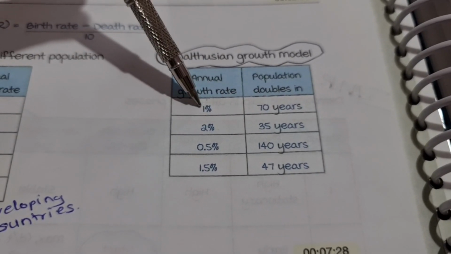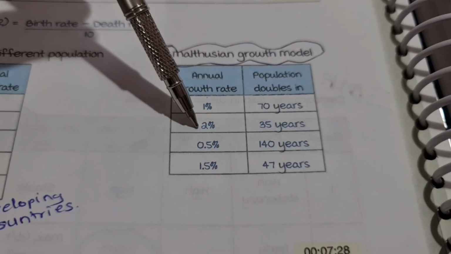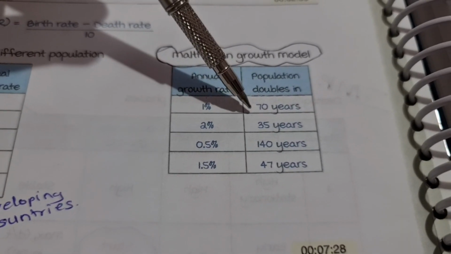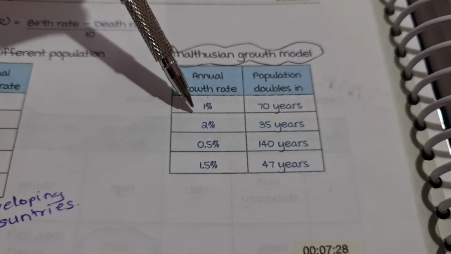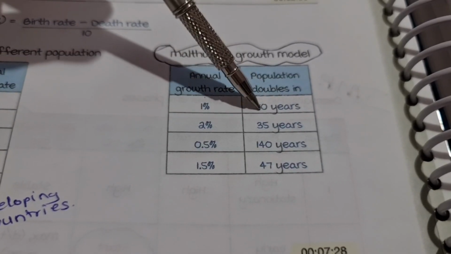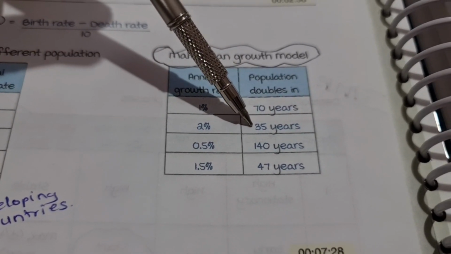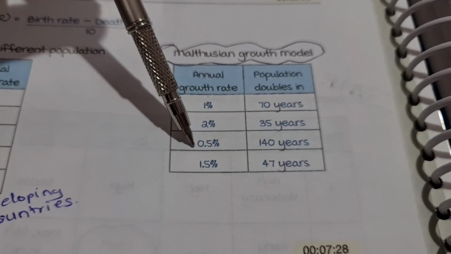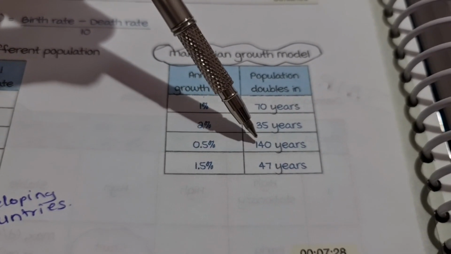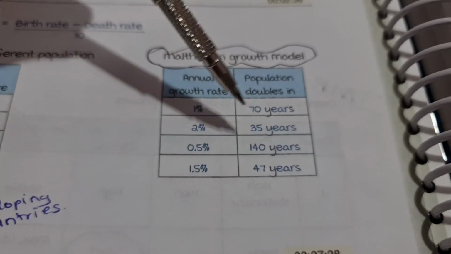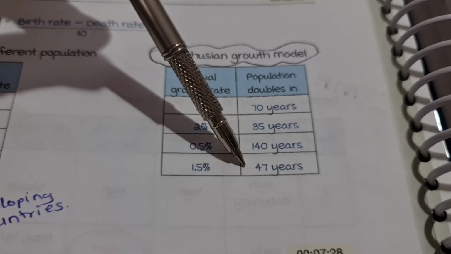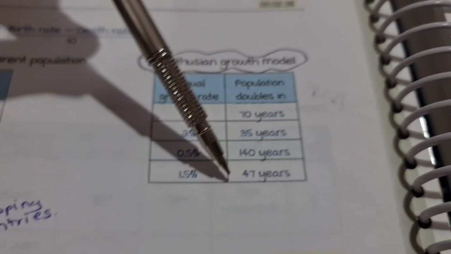Means if the annual growth rate is increased by 100%, then the time also gets halved. For 1% annual growth rate, it takes 70 years. Then for 2% annual growth, it will take only half of the 70 years, which is 35 years. Likewise, if we halve the annual growth rate, then it will take more time. It will take 140 years to double the population, and likewise for 1.5% it will come to about 47 years.